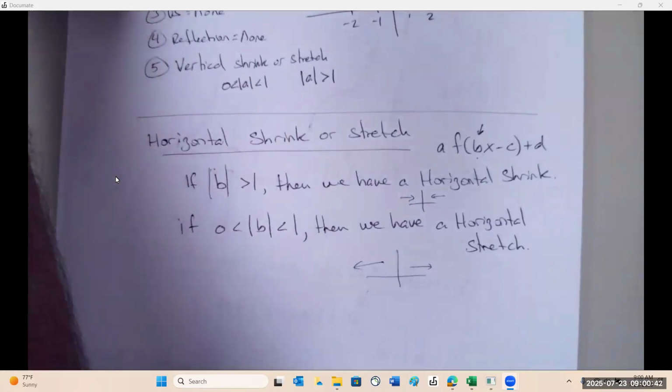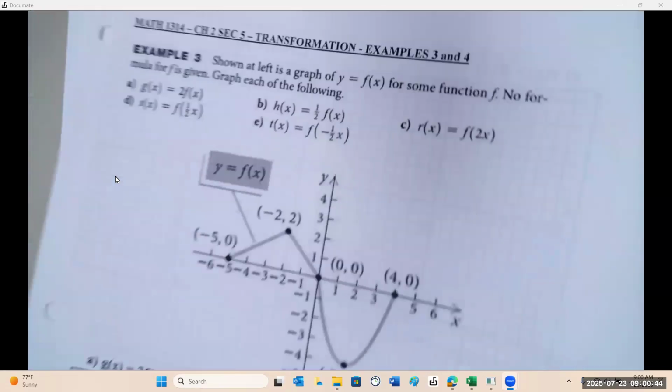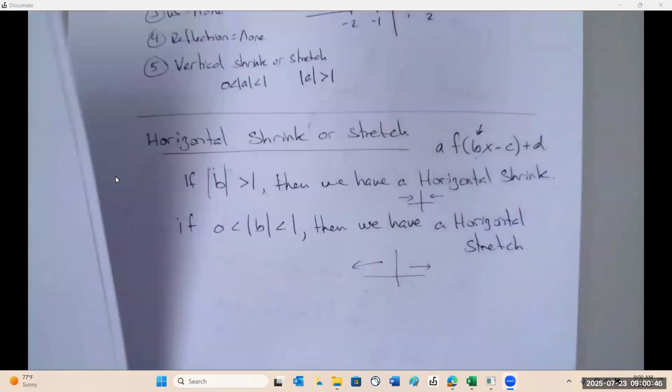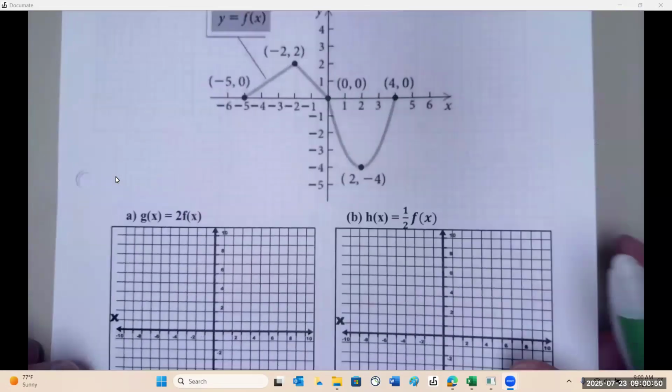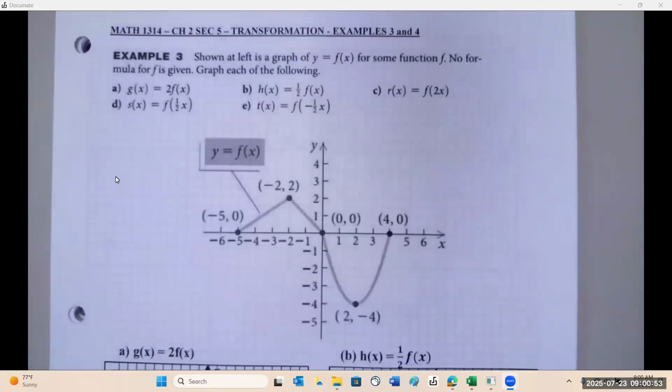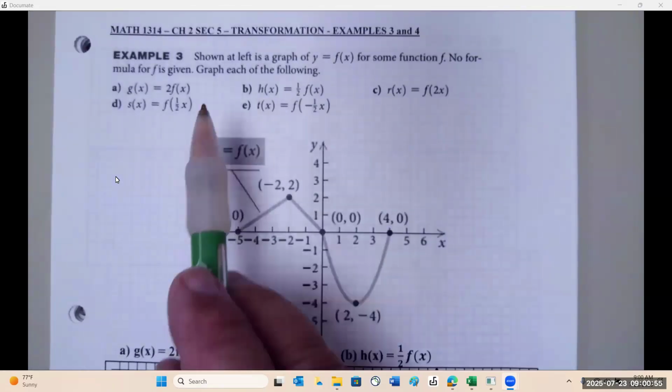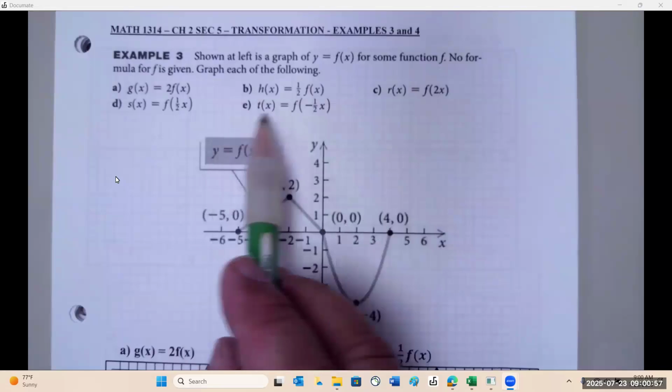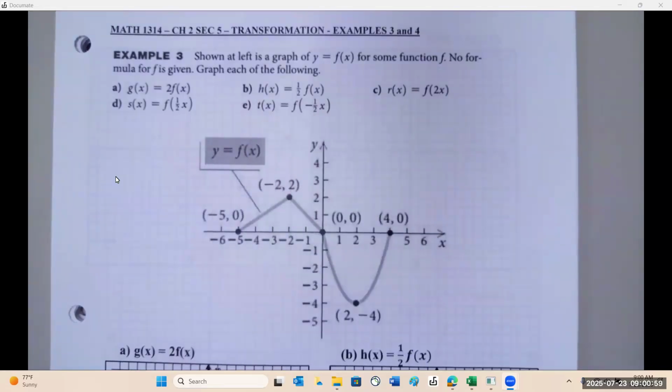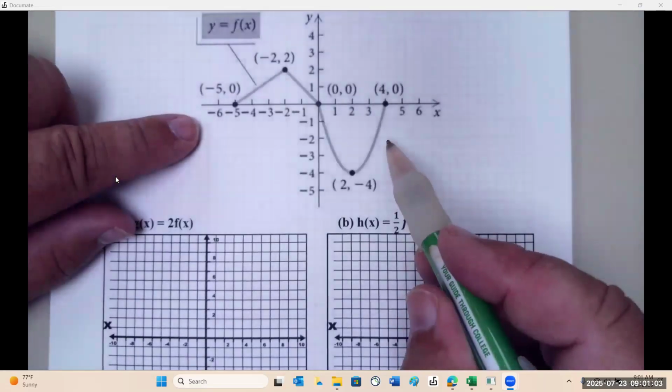Okay, get that packet that I gave you. This one. This is example 3. We're going to look at horizontal and vertical shrinks and stretching. This is our original graph.